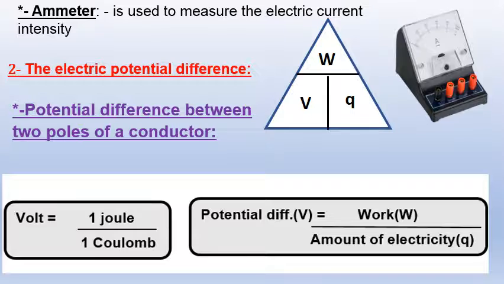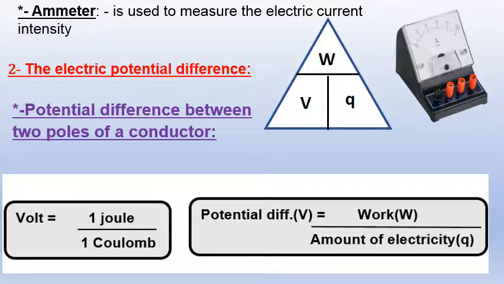So what's meant by potential difference? It is the work that is done to transfer the quantity of electric charge between the two terminals of the conductor.